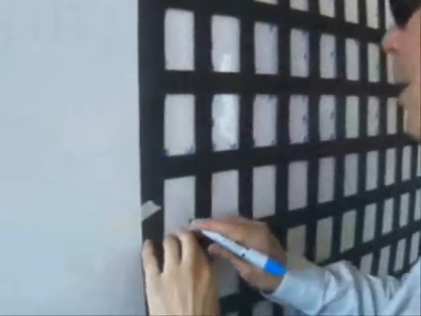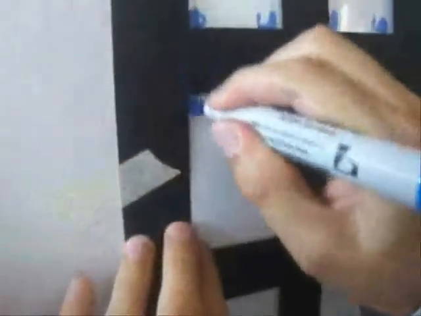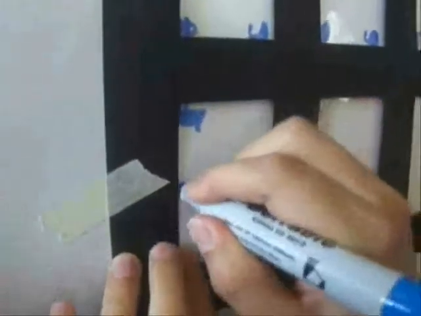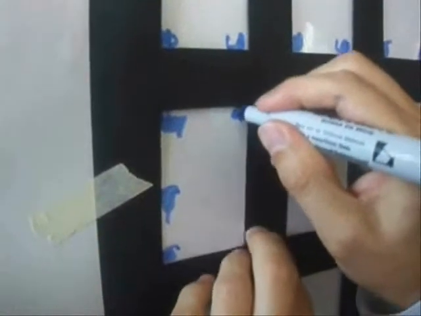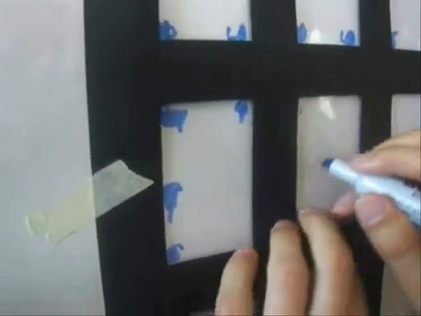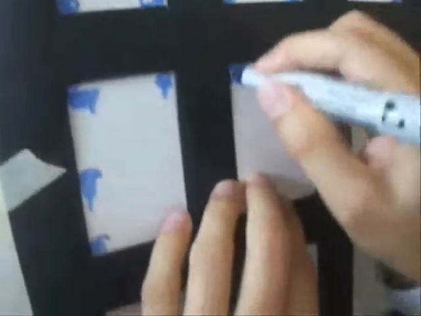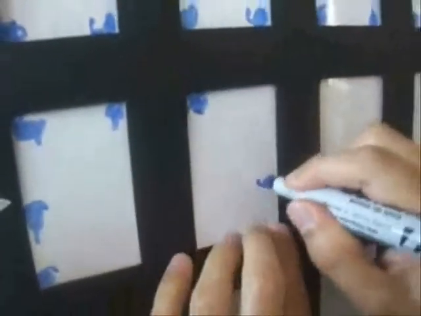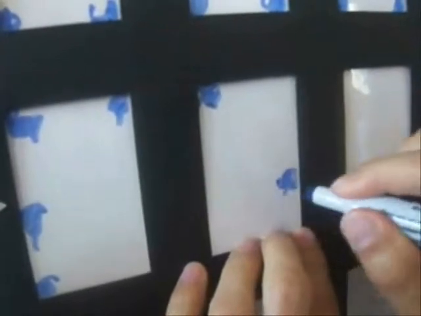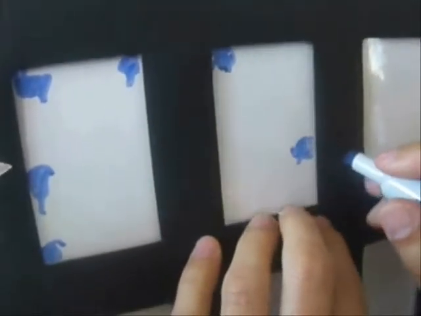Now we are going to show, as an example, the word peace. Letter P, that's 1, 2, 3, and 4. Now the letter E, that's 1 and 5. We are writing the word peace.